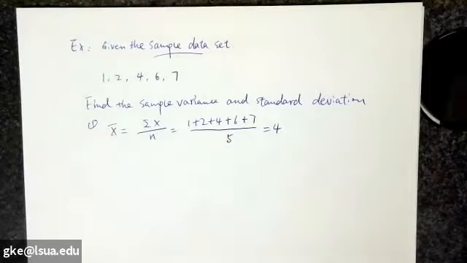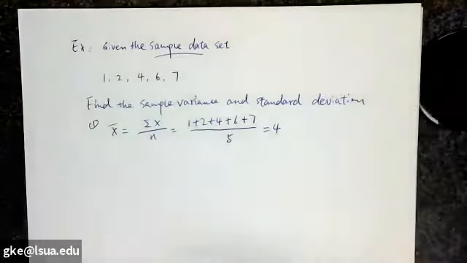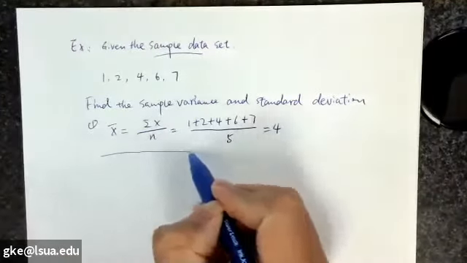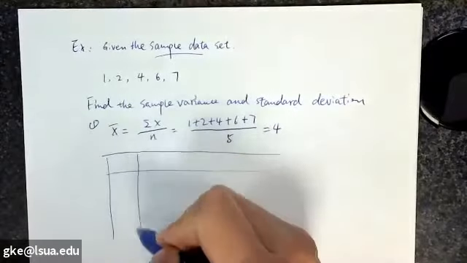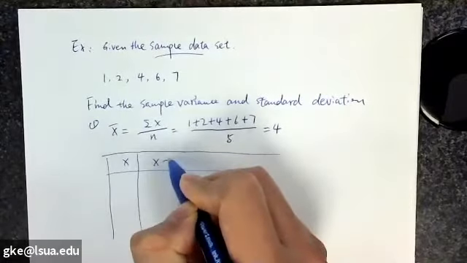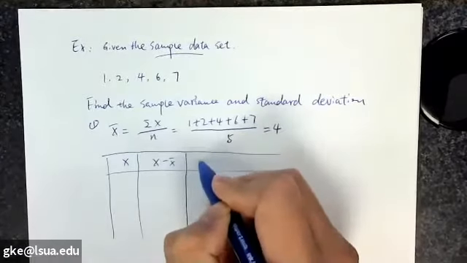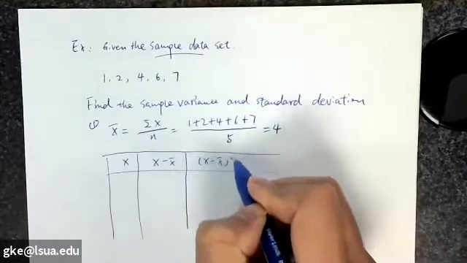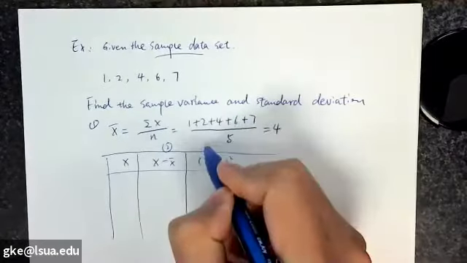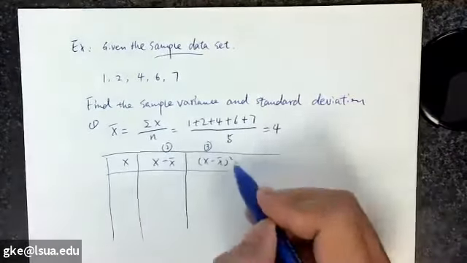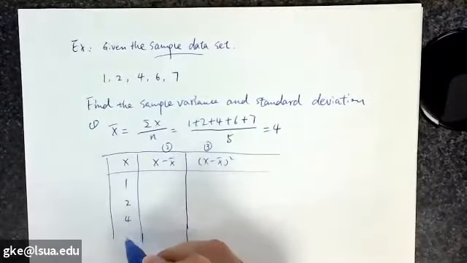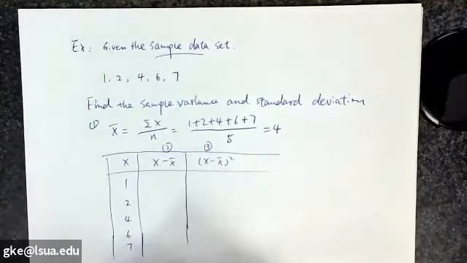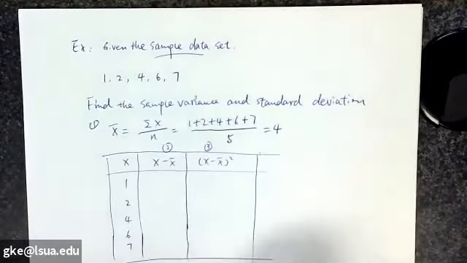Now the second step, we're going to calculate the deviation. We're going to use the table: x minus x bar, squared. So that's the second step and the third step. We have 1, 2, 4, 6, 7 as x.